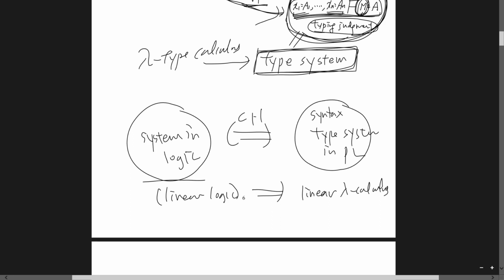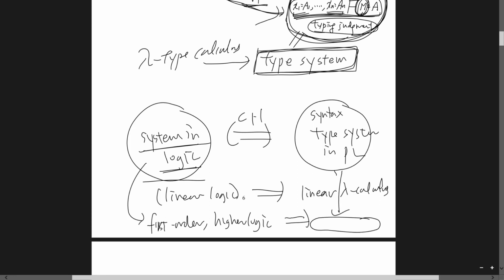And later we will expand this system of logic, for example, to first order logic, or higher order logic, and then apply Curry-Howard isomorphism, and then you obtain the corresponding language. For example, higher order logic corresponds to polymorphic lambda calculus, and so on.